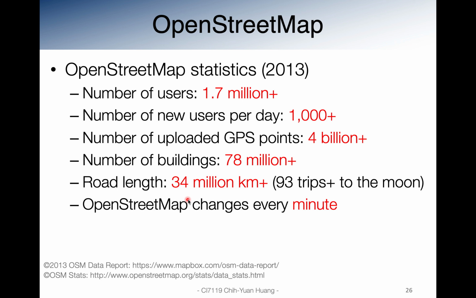So here are some statistics from OpenStreetMap from 2013. It has been quite a long time ago, but even at that time, you can see some crazy numbers over here.